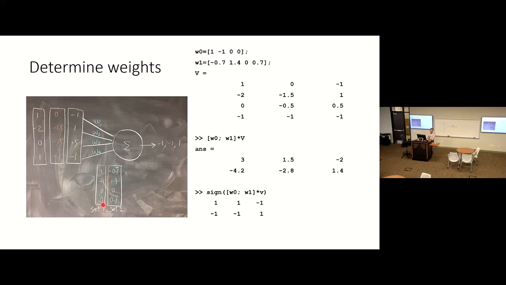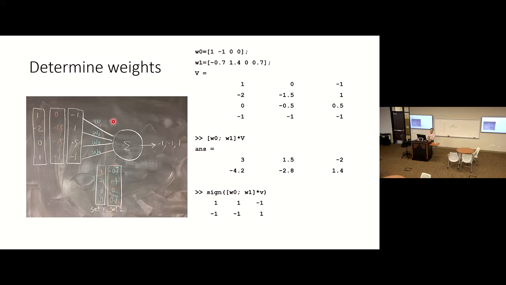But if I use set 1 and try these 3 numbers, it gives me positive, not -1. So this is not what I want. So I have to retrain the model until I get numbers like -0.7 as weight 1, 1.4 as weight 2, 0 as weight 3, 0.7 as weight 4.